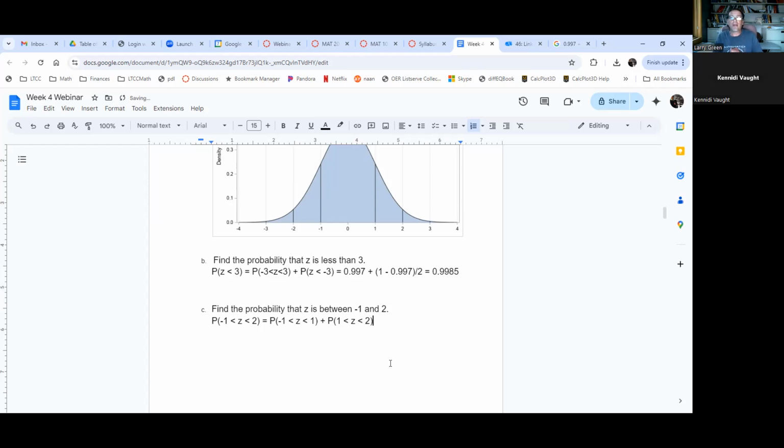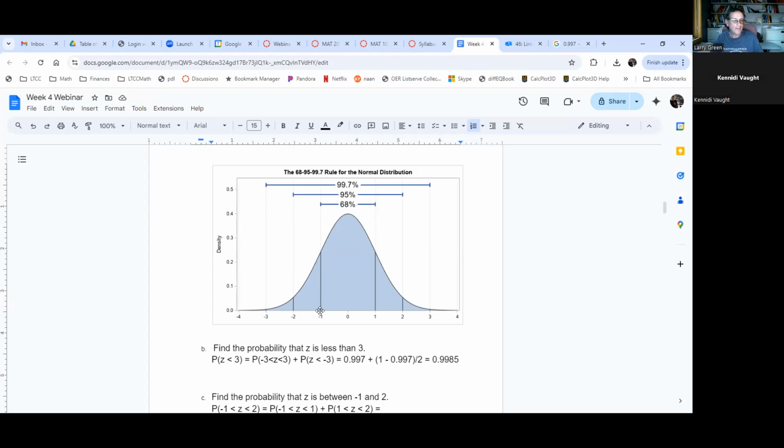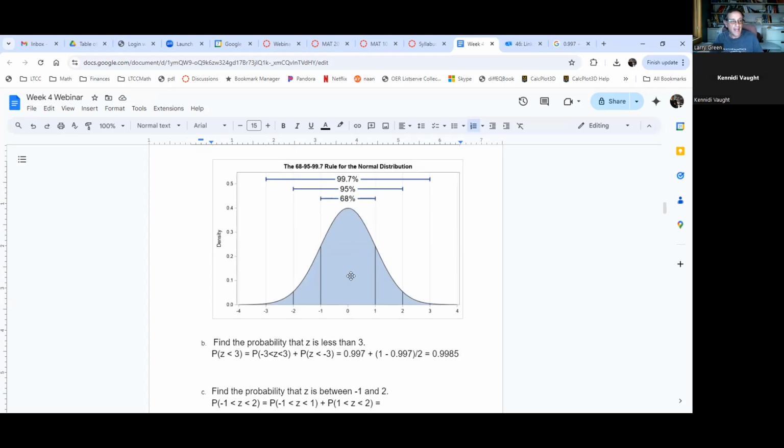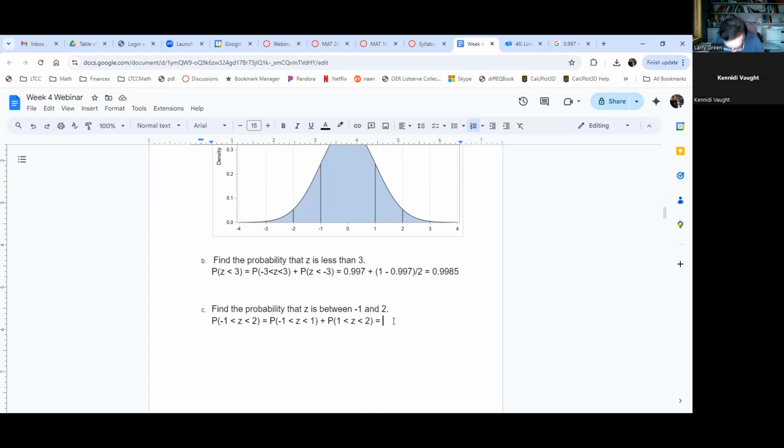Any questions on breaking it up into two pieces? Not too bad. That is going to be equal to, well, probability z is between -1 and 1. That's 0.68. We already did that. Now we need to find the probability that we're between 1 and 2.